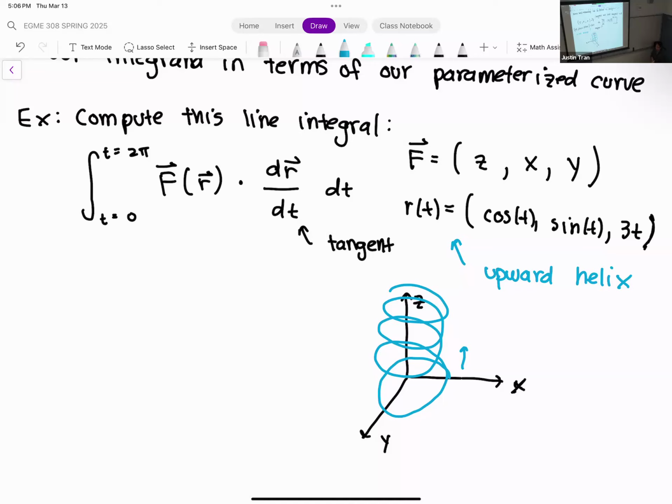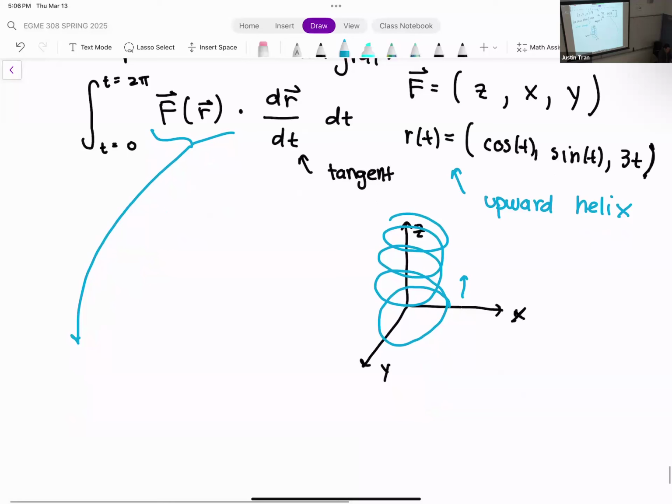All right, so let's go ahead and get started with this. To compute a line integral, you have to evaluate both components of the integrand here. So let's start with F of r. Let's start by parametrizing our vector field in terms of our path.